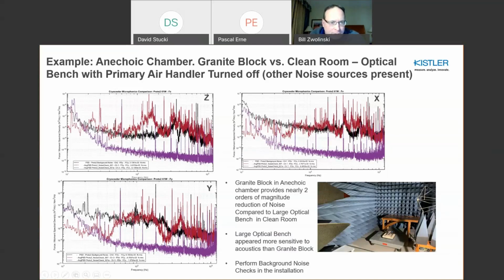So it was still quite favorable to do the test in the clean room for this one test. It's always important to do a background noise check in your installation to ensure that you've quantified noise levels as a function of noise sources. Obviously, if you have an anechoic chamber, this will probably give you the best result right from the start.